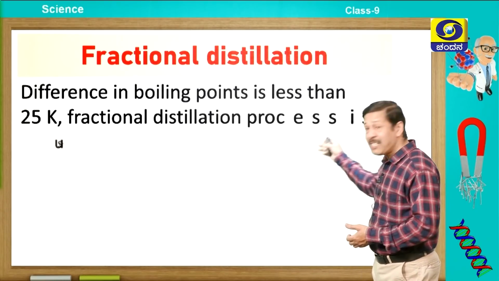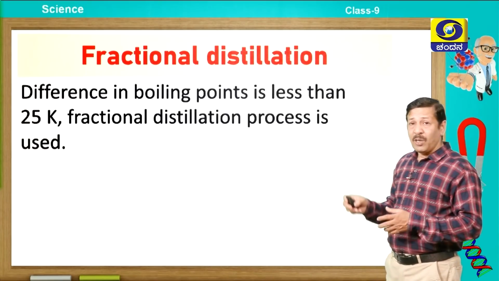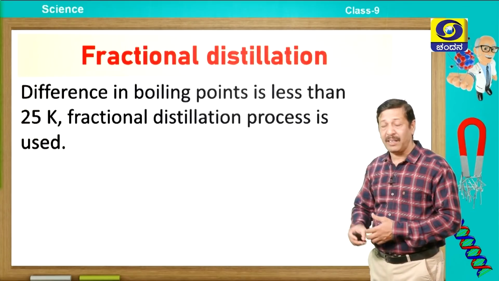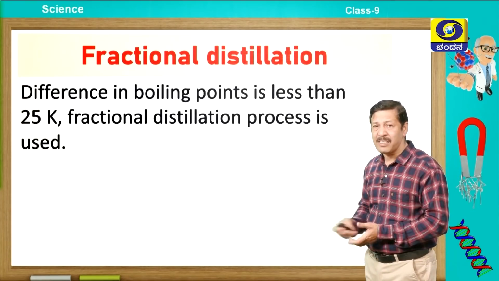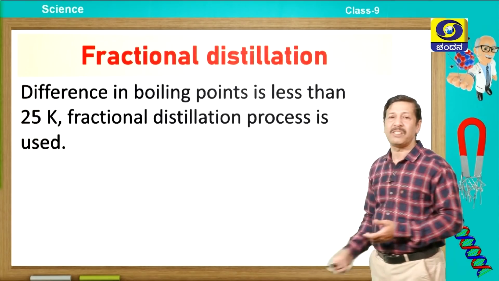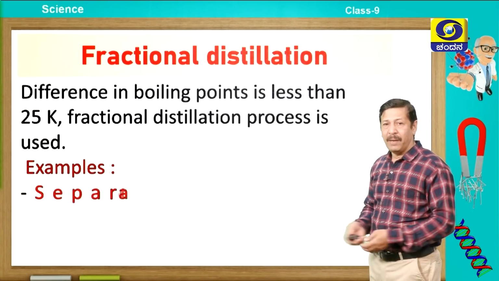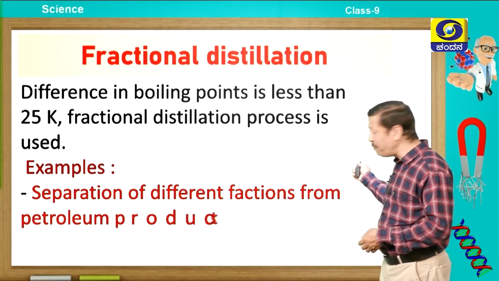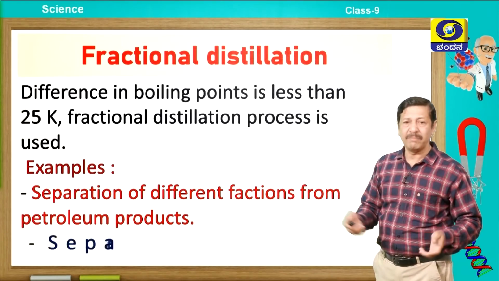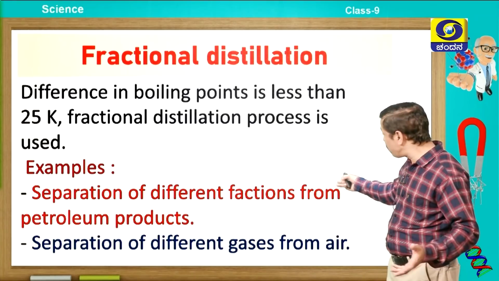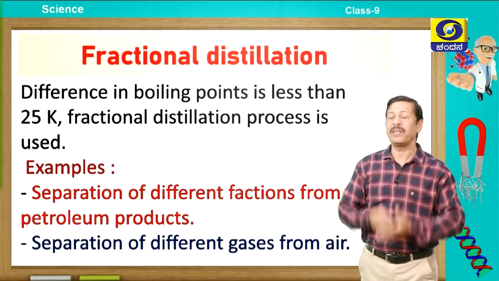If the boiling points of the mixture's components differ by less than 25 Kelvin or 25 degrees Celsius, then the fractional distillation process is used. Example, separation of different fractions from petroleum. Similarly, separation of different gases from the air, this is also very important.